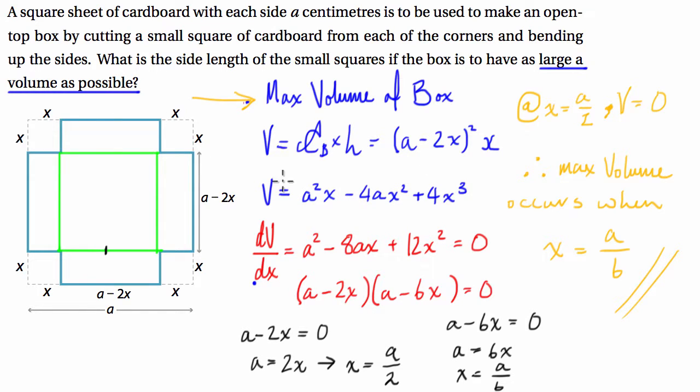Once I then come up with an equation for volume, or what the objective function is that I'm supposed to optimize, I then differentiated it and set it equal to 0 because I know that my critical points are going to occur when the derivative of this function is equal to 0. I then factorized my derivative so I could exploit the Null Factor Law to find what x was equal to when the function equals 0.